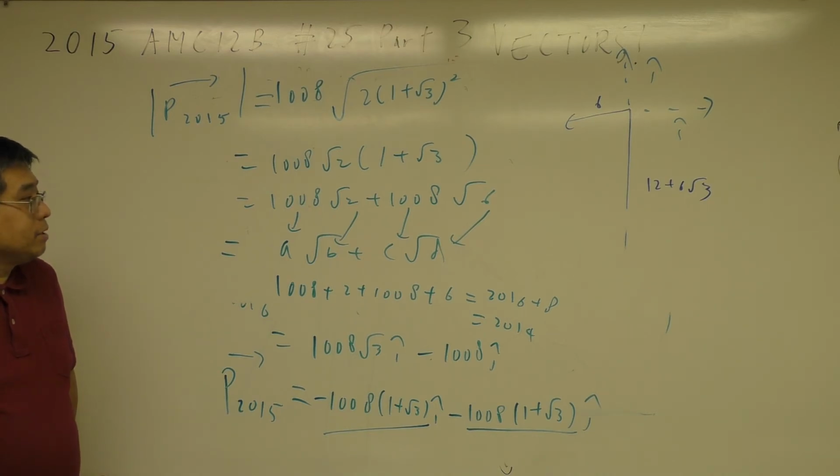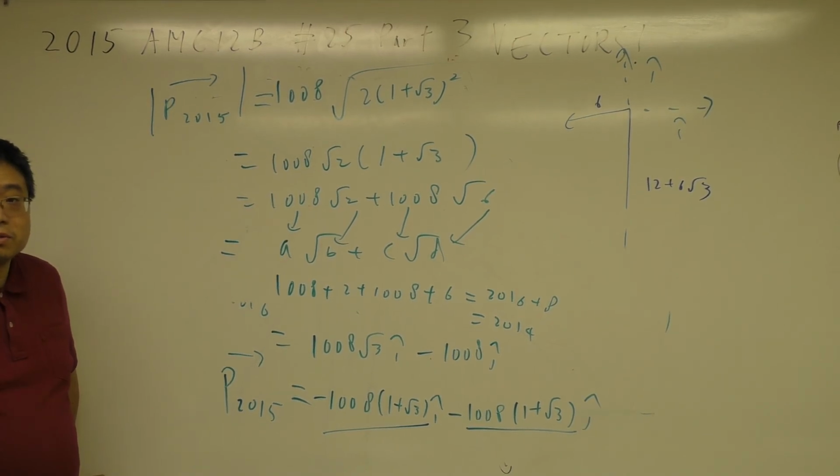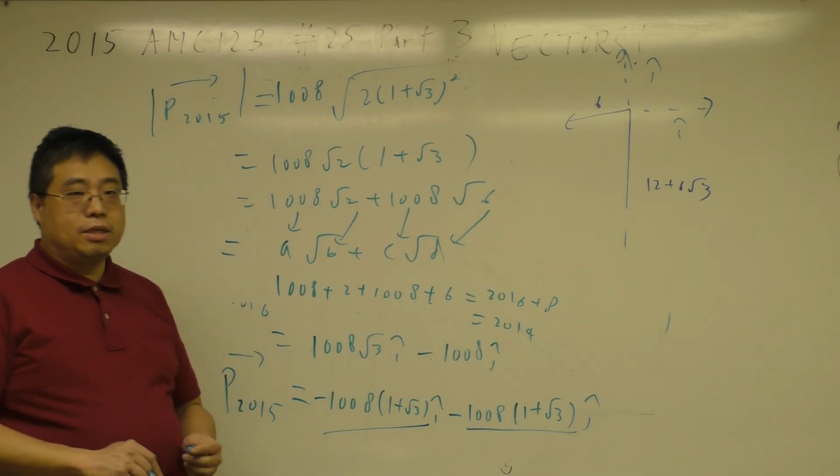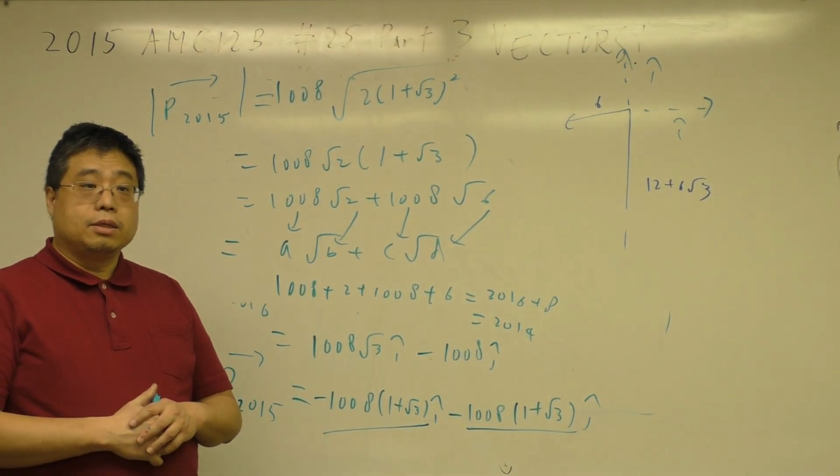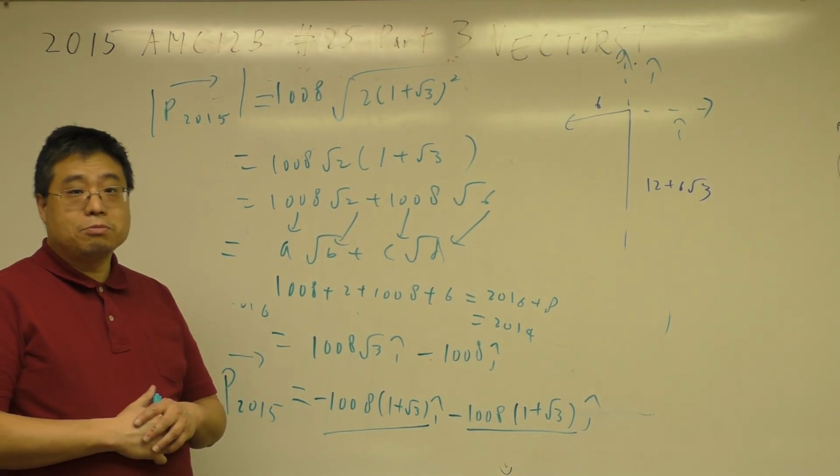This is the power of the vector method, and I hope that you guys found that educational, informative, useful. So with this, I end part 3, the vector part. And next, there is one more part.